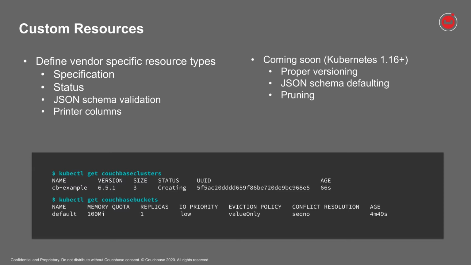We can't just say, hey, have a 3-node cluster, that's going to be big enough for everyone. It doesn't work that way. So we have to allow a little bit of customization. Another field that's included in the custom resource definition is the status. This allows you to specify conditions. So during the life cycle of the cluster, we can say, is it ready to be used? There's a condition called available.